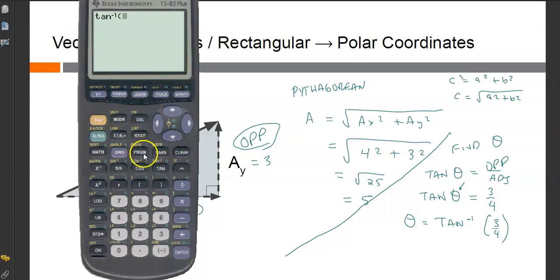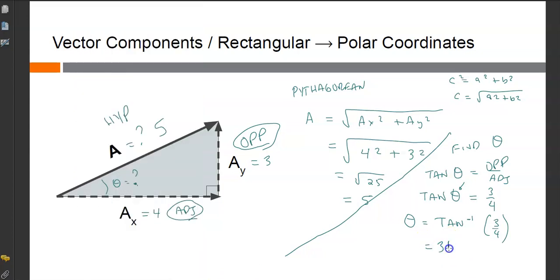But if I hit second tangent, I get tangent to the -1 just like I want. And then all I got to do is 3 divided by 4. And that's a 36.9 degree angle right there. Okay, so now we started off with this thing.